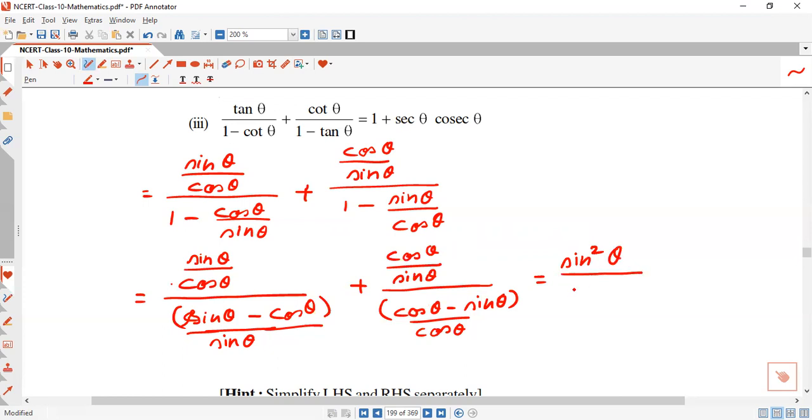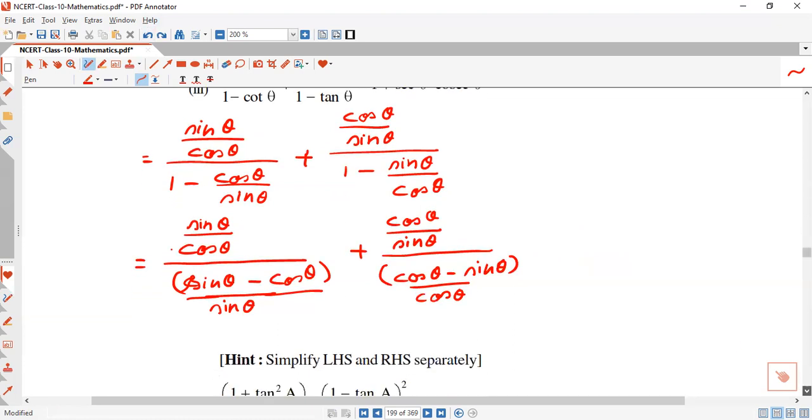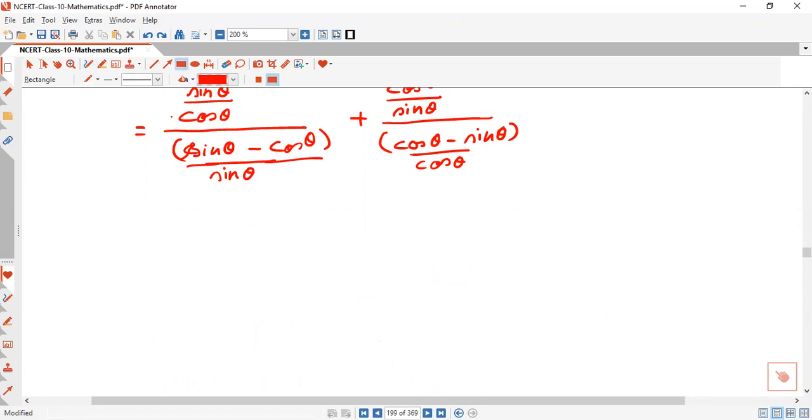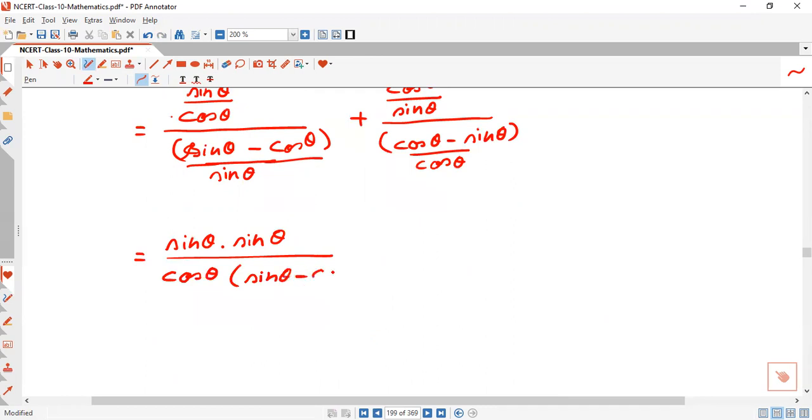In the bottom side, we have cos theta multiplied by sine theta minus cos theta, plus cos theta into cos theta divided by sine theta multiplied by cos theta minus sine theta. I am writing the further solution here.